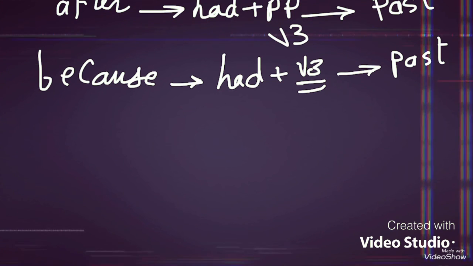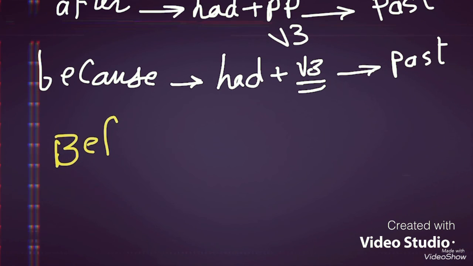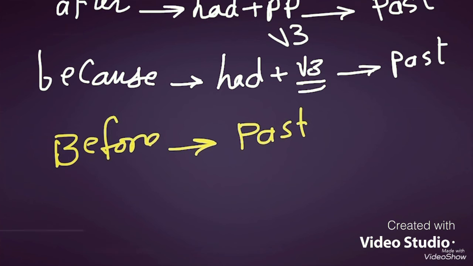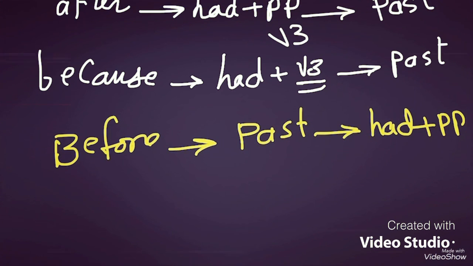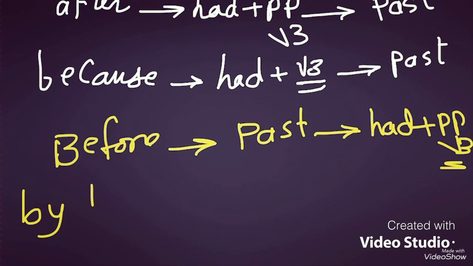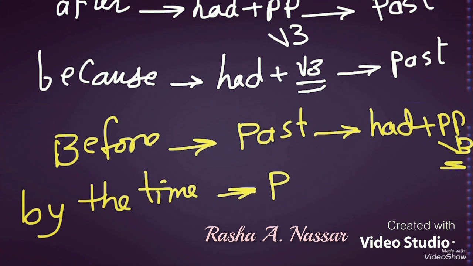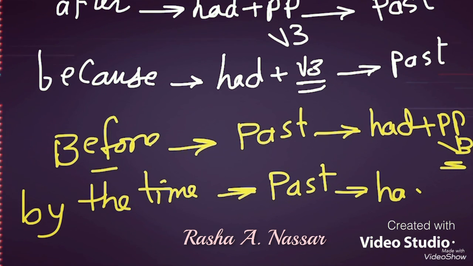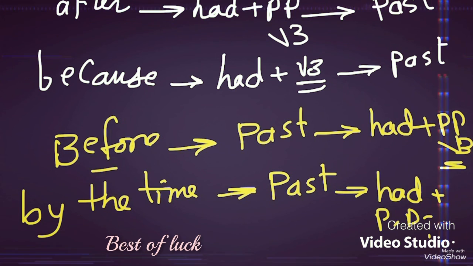And on the contrary, if we see before, we will put past and then had plus PP or V3. And if you see by the time, it will be past again, just like before, and then had plus PP or V3, the same.